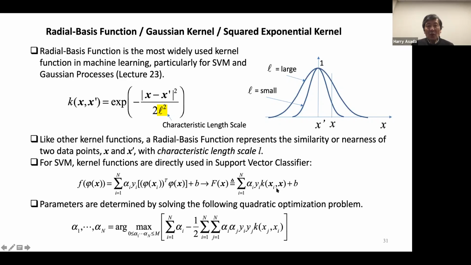So even though when you use these radial basis functions, the phi function is infinite dimensional, so it is impossible to compute, don't worry, as long as you keep it in this form, it's so simple. And this kernel function is involved in this quadratic optimization program too. So you never ever worry about phi.